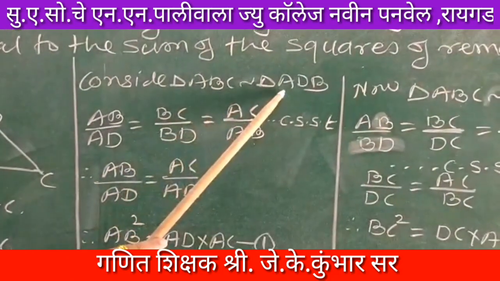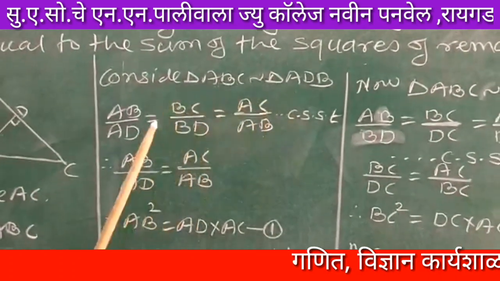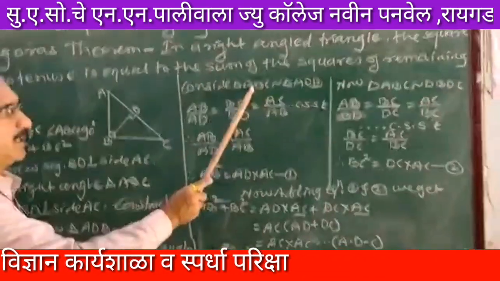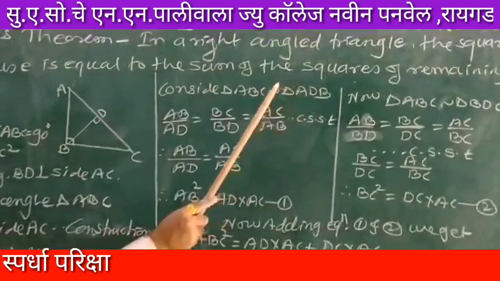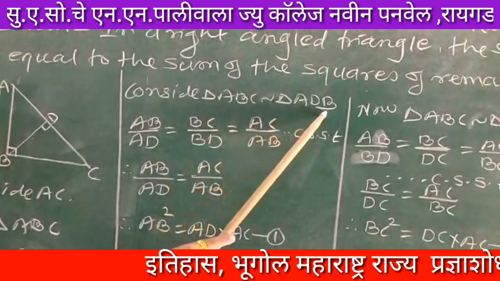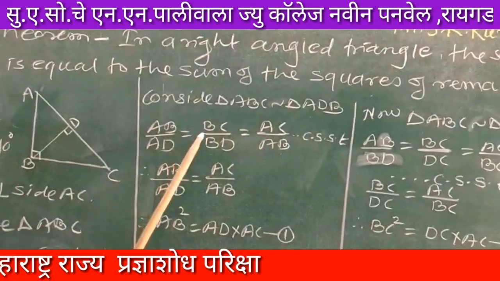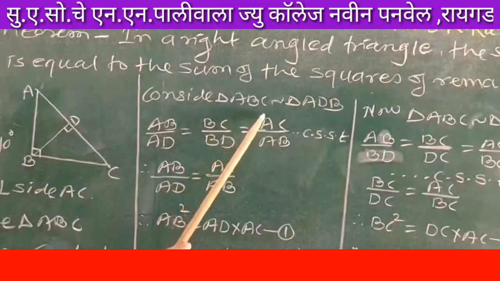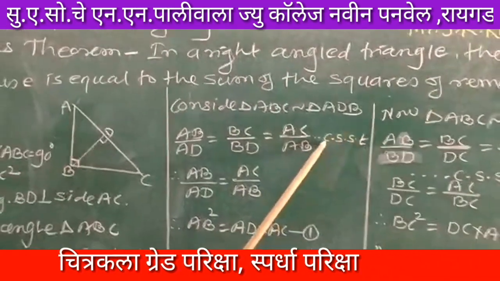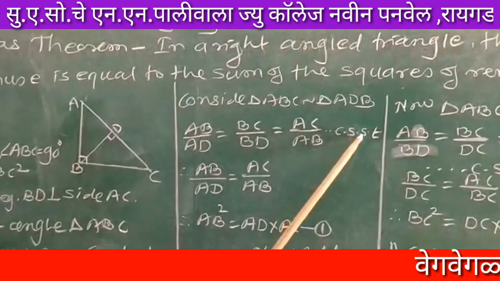If triangles are similar, we know the corresponding sides are in equal proportion. We can write according to this one-to-one correspondence: AB upon AD is equal to BC upon BD is equal to AC upon AB. This is not new. CSST means corresponding sides of similar triangles.